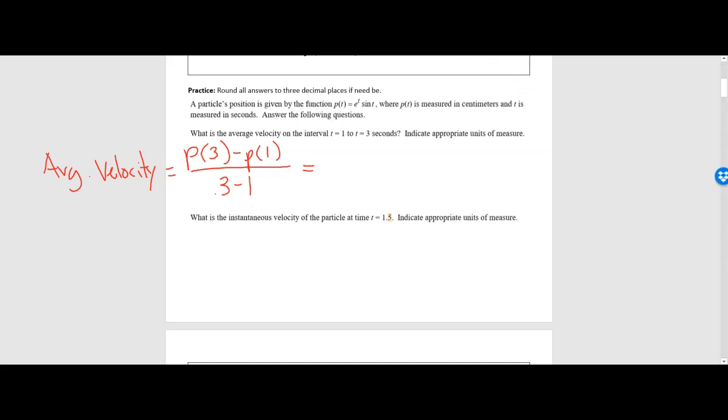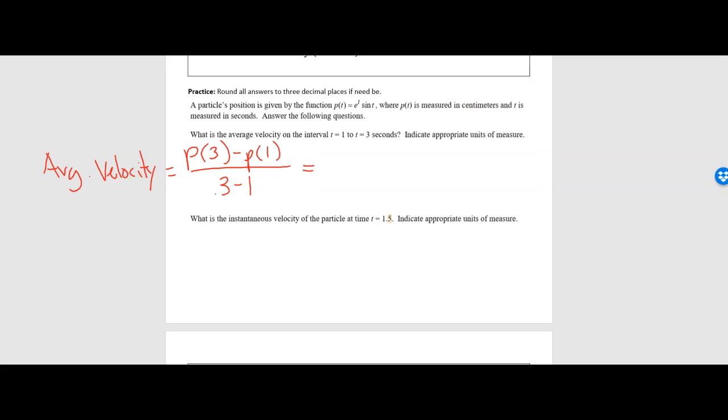This gives us approximately 0.2. It's one of the worst 2s I've ever done. All right, let's just do this all one more time. 0.274 if I'm rounding. Oh, it does give us units here. I was looking for those. Centimeters per second, because we're talking about velocity. So that's the average velocity on the interval t equals 1 to 3.